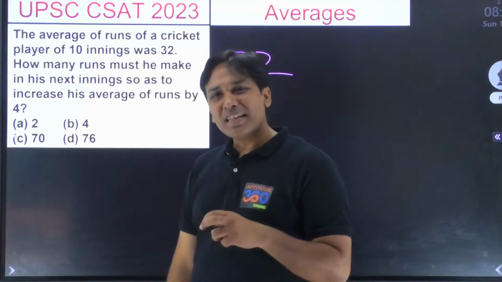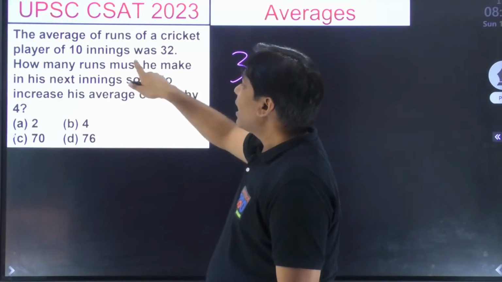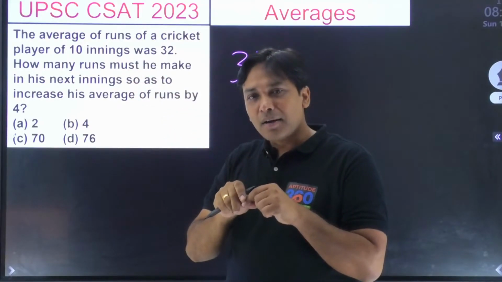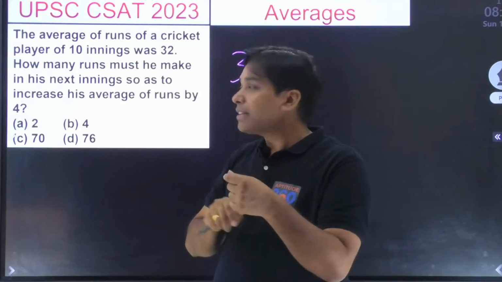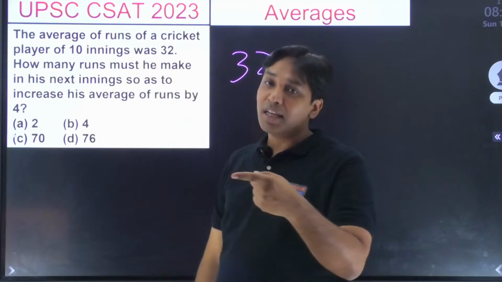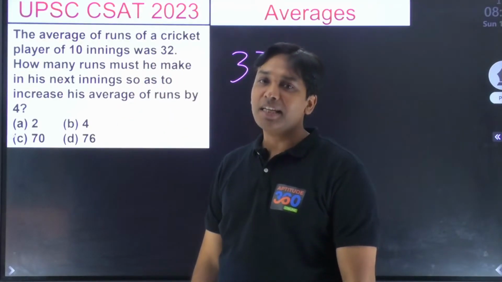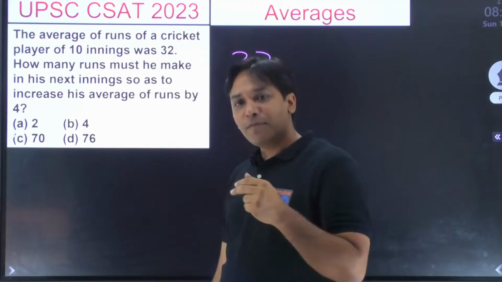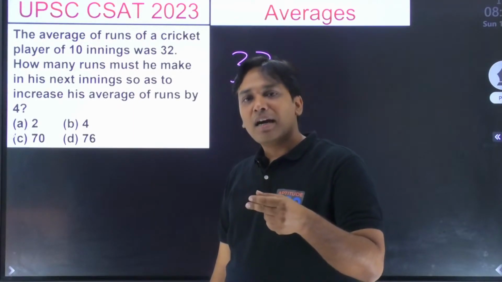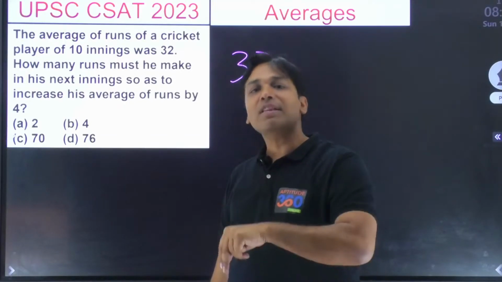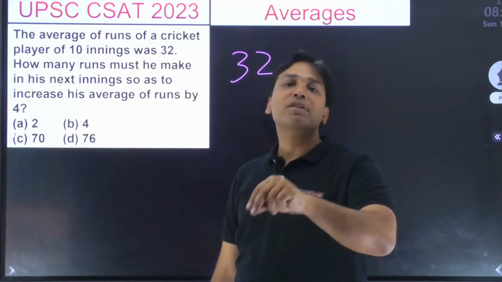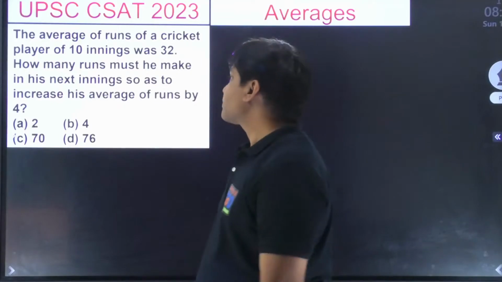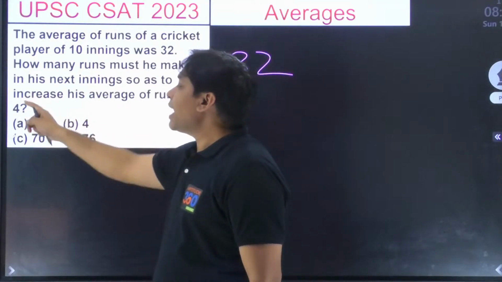Now he is saying that, look, had this player made 32 runs in the 11th inning, the average would not have changed. Right? The whole average is 32 runs per inning. If the player makes 32 runs in the 11th inning also, the average will not change. But it says that the average will have to increase by 4.